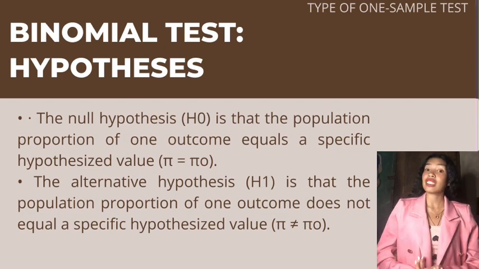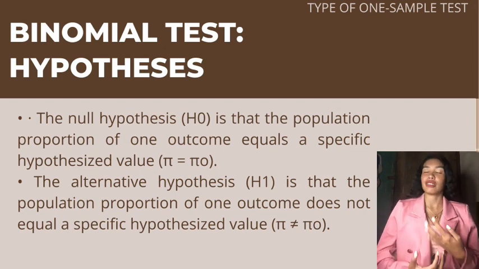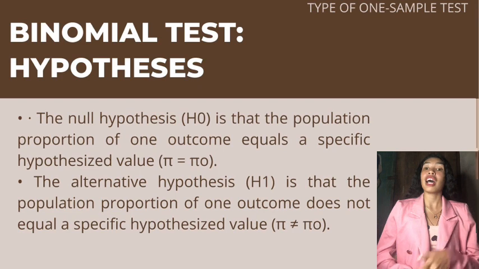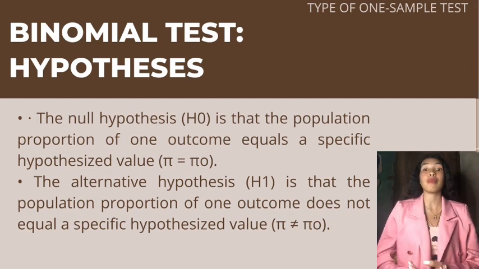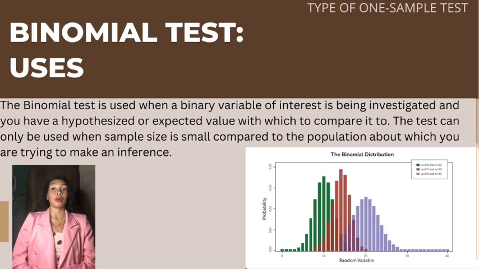The null hypothesis, or H0, is that the population proportion of one outcome equals a specific hypothesized value, while the alternative hypothesis, or H1, is that the population proportion of one outcome does not equal a specific hypothesized value.